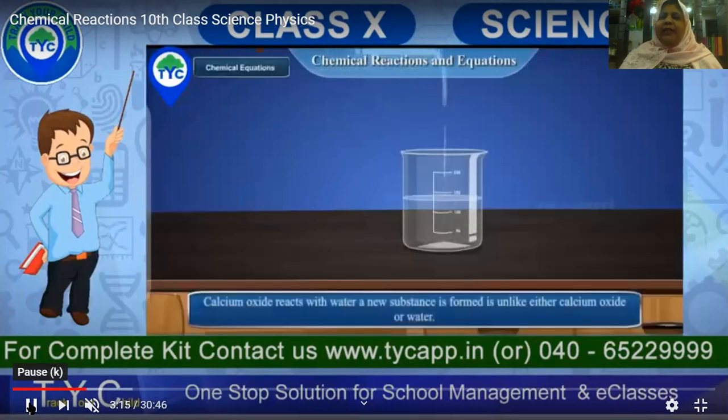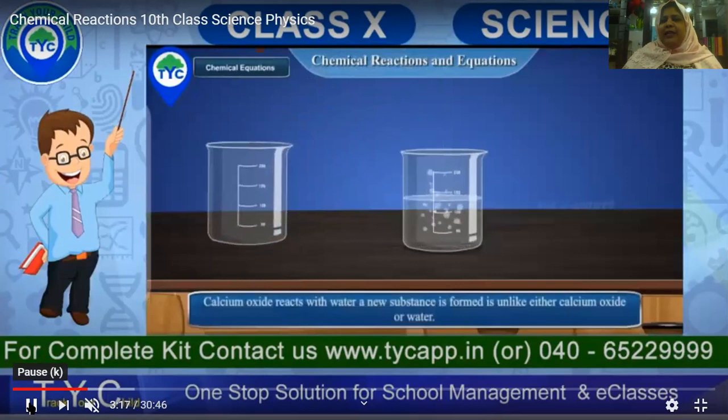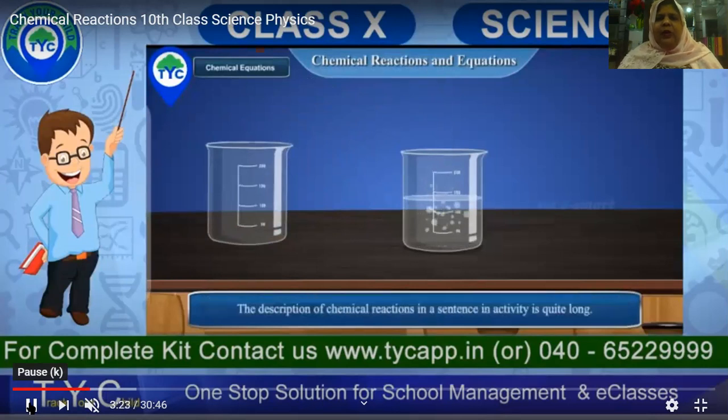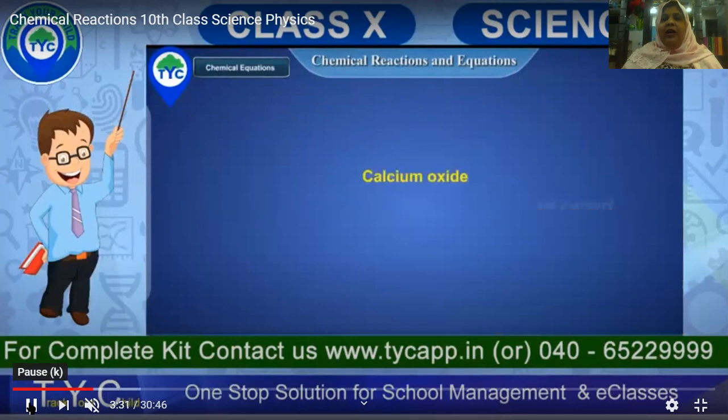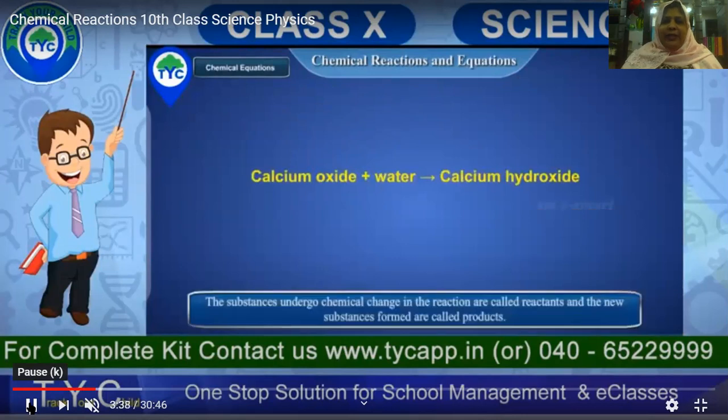Now calcium oxide reacts with water to form a new substance. The description of this chemical reaction in a sentence could be quite long. But if you write a chemical equation, calcium oxide and water give rise to calcium hydroxide.